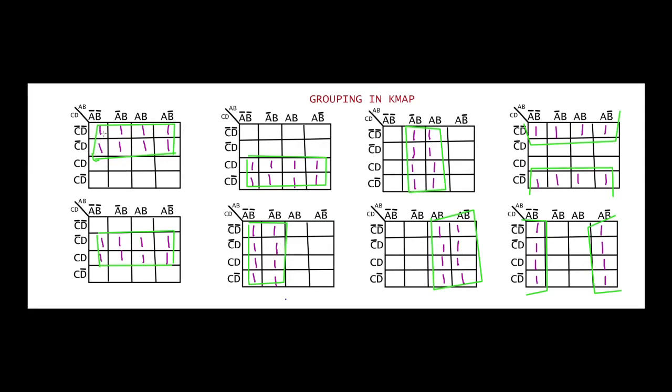For these 8 ones, nothing is common from the variables A and B. Coming to C and D, you have C bar common for this row and C bar common for this row, whereas D and D bar both appear, so only C bar is common. So the solution for this will be C bar.